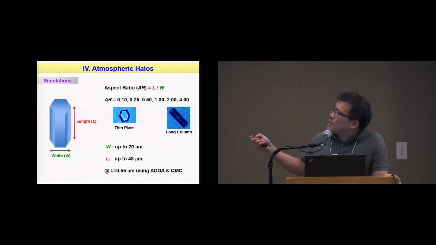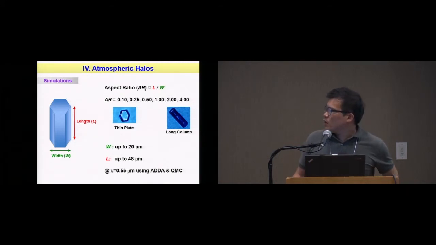We choose 6 different aspect ratios: 0.1 is a thin plate, and 4.0 is a long column, with width up to 20 micrometers and length up to 48 micrometers at a wavelength of 0.55 micrometer, using ADDA and QMC.